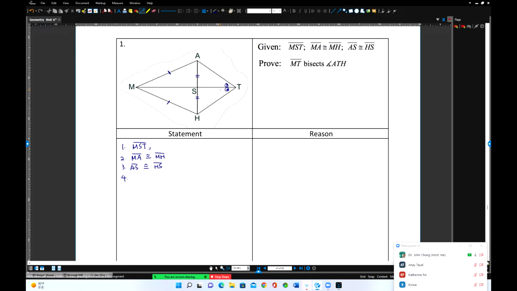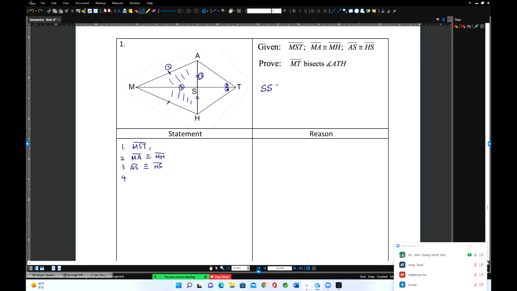From the given, we only said that these two triangles are congruent. Okay. Which method can we go? This side, another side, reflexive of another side, right?